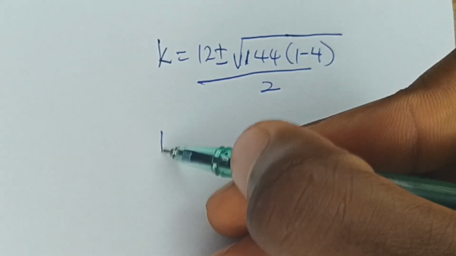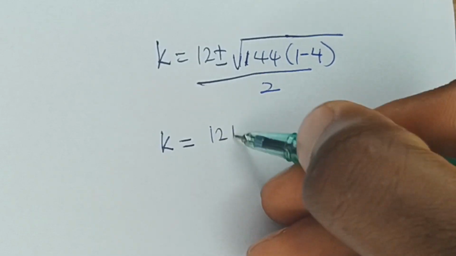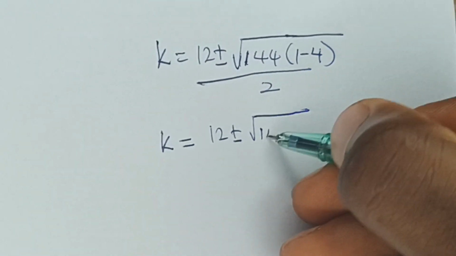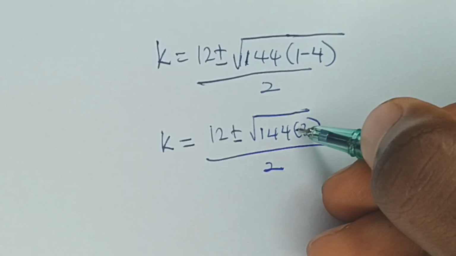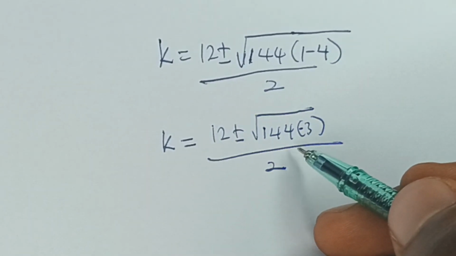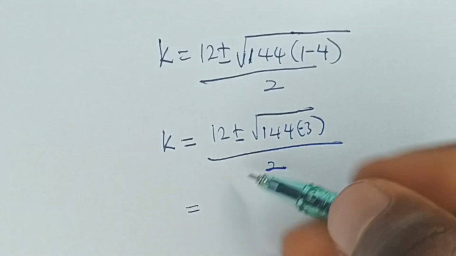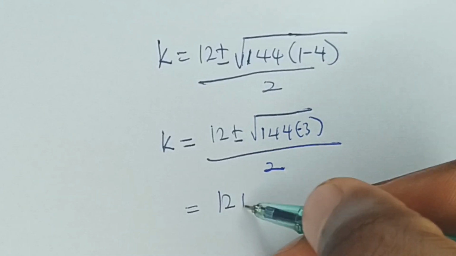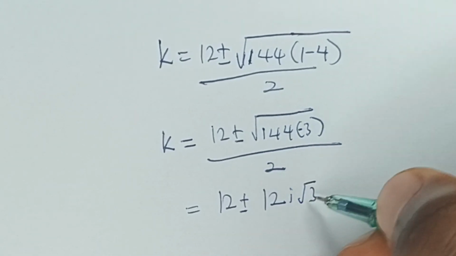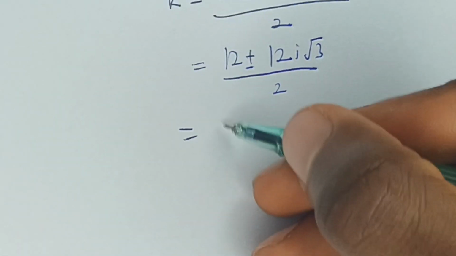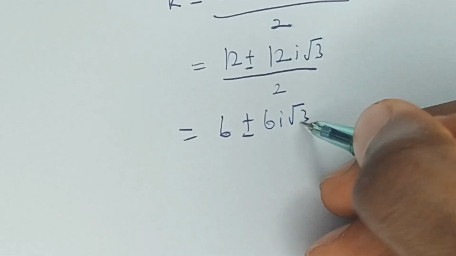From what we solved initially, this becomes equal to 12 plus or minus 12i root 3 all over 2, and this becomes equal to 6 plus or minus 6i root 3.